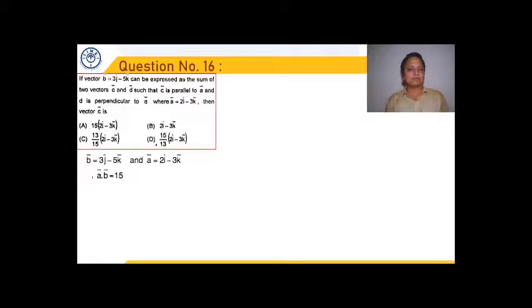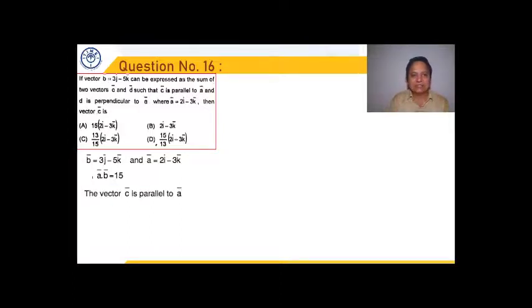We have to multiply the coefficient of only the k term, minus 5 into minus 3, that becomes plus 15. Because B vector doesn't contain i, it's 0i, so 0 into 2 becomes 0. A vector doesn't contain j, coefficient is 0, 0 into 3 is 0. Only the k coefficients get multiplied, so the value of A dot B comes out to be 15.